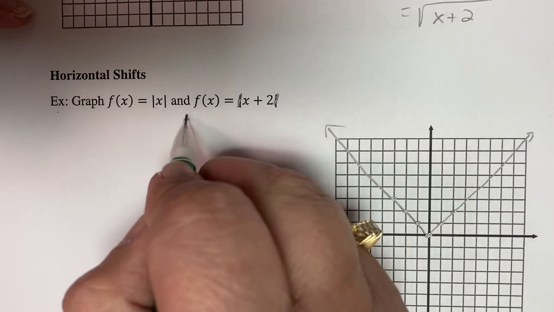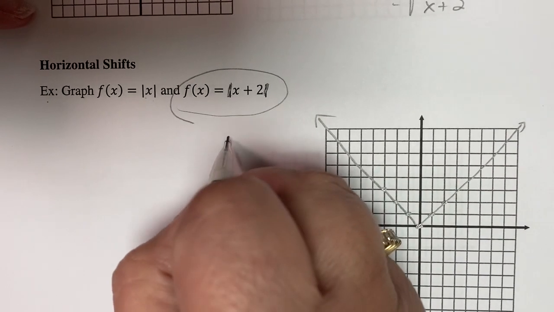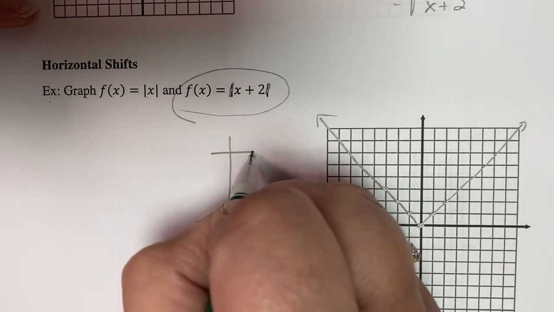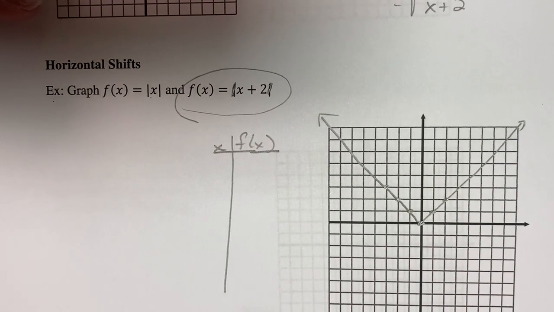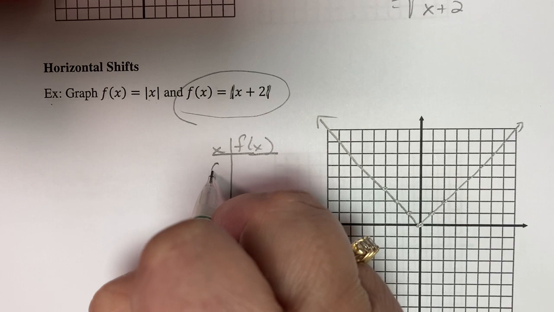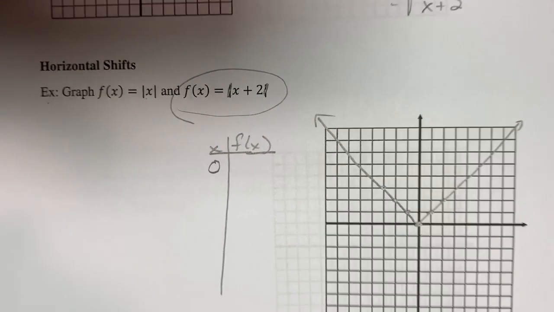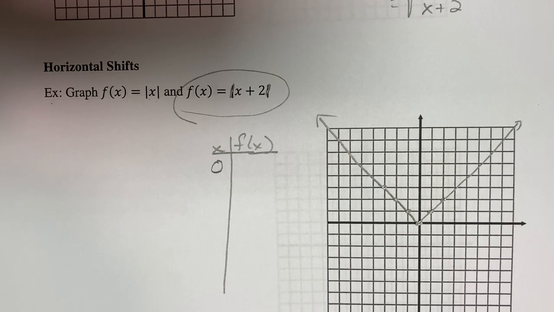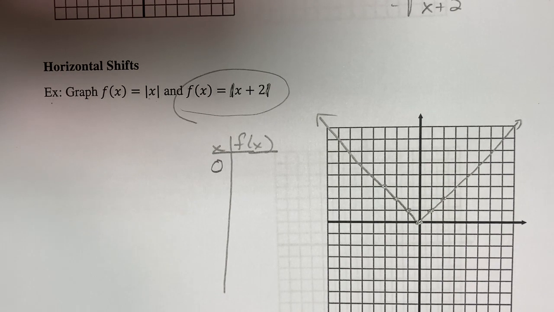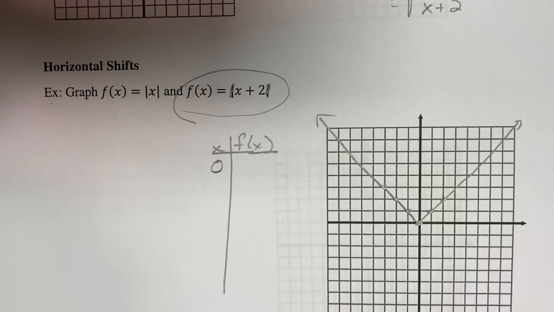Now, for this one, let's plug in some values. Even though we know it's a horizontal shift, I want to show you something. So for example, if I plug in 0, I'm actually going to grab myself a pen. Hopefully I have one handy that will work.